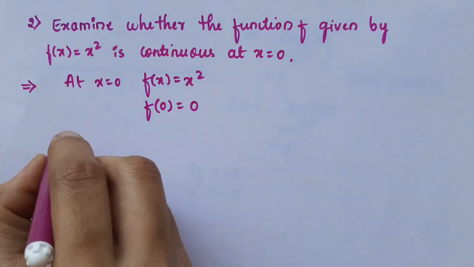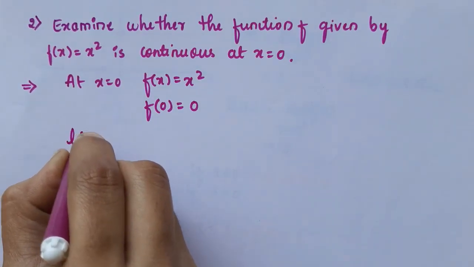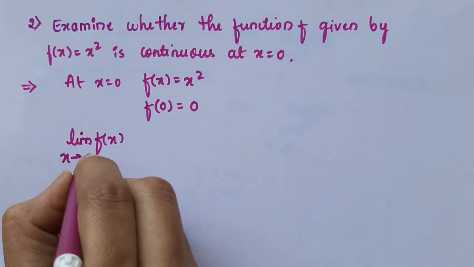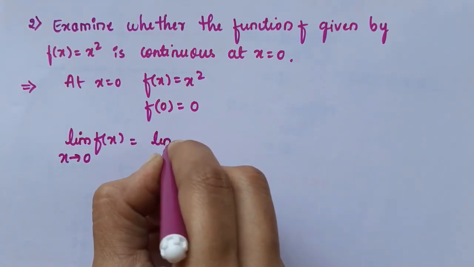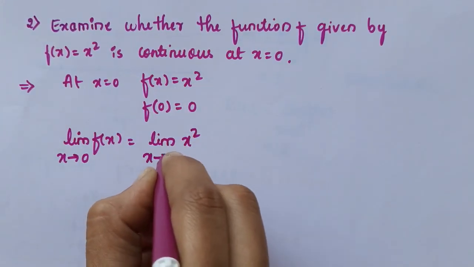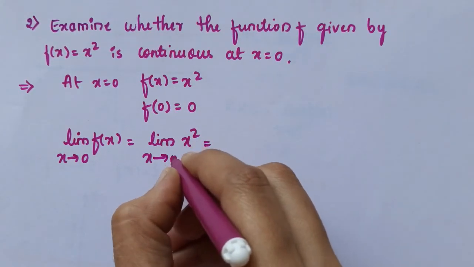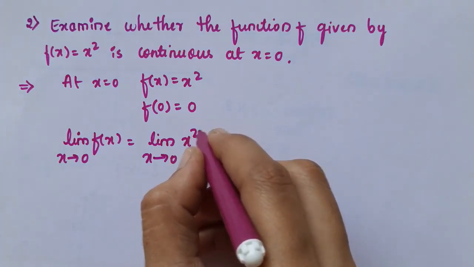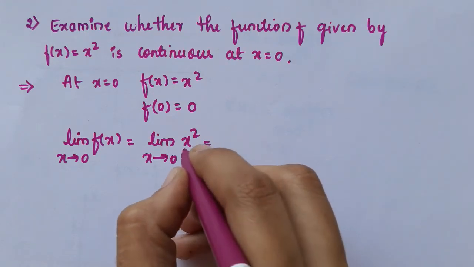Now we will find the limit of f of x as x tends to 0. The f of x value is x square as x tends to 0. If you substitute 0 in place of x, you get 0 square, which is 0 only. Why do we substitute 0 in place of x?